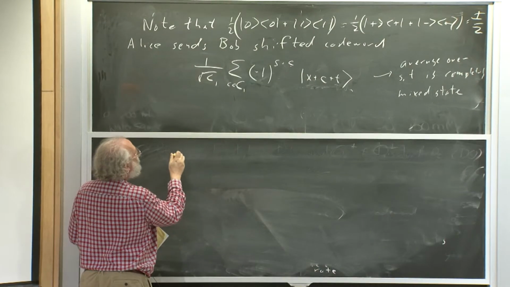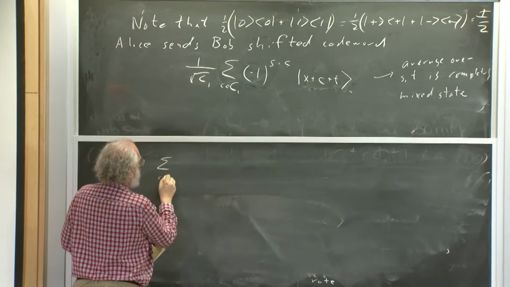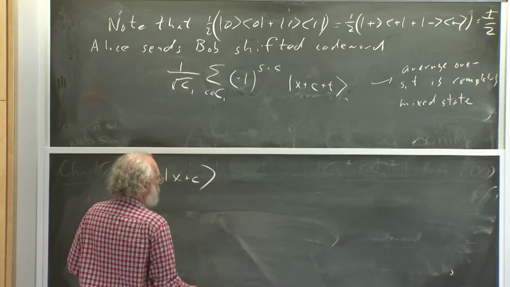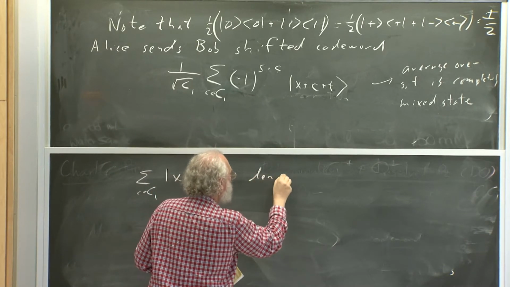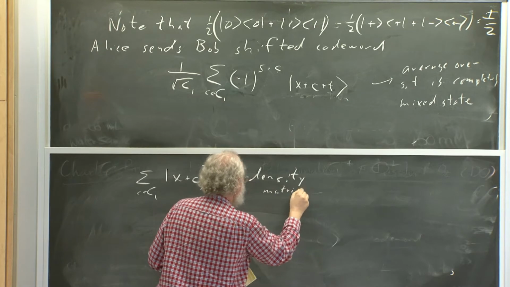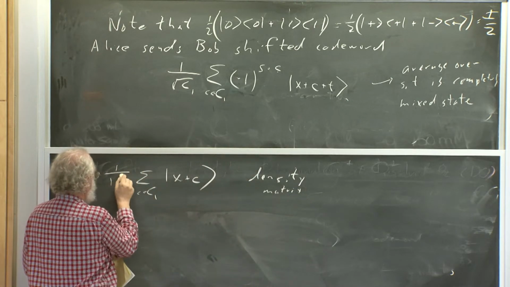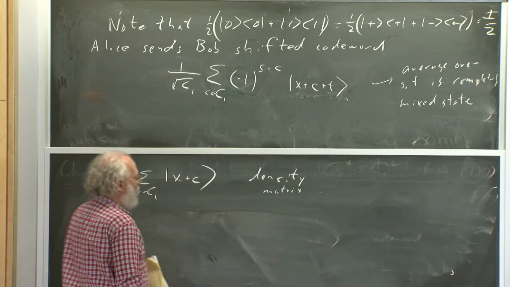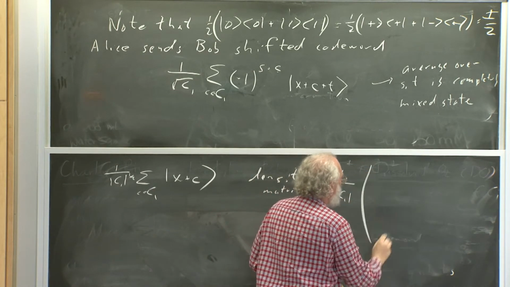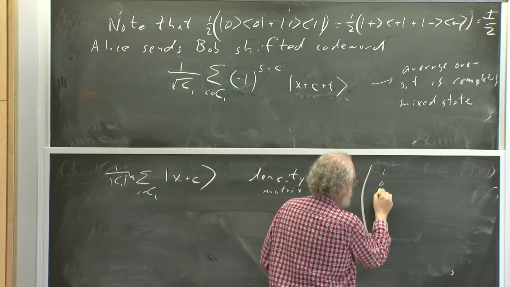Okay, so summation over C in C1, X plus C. The density matrix looks like 1 over C1 times a matrix of 1s and 0s.